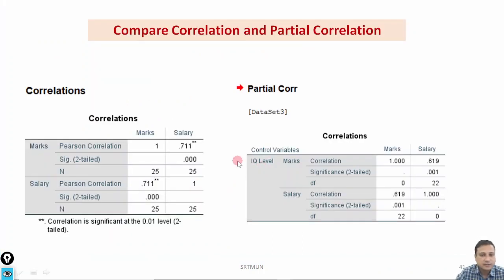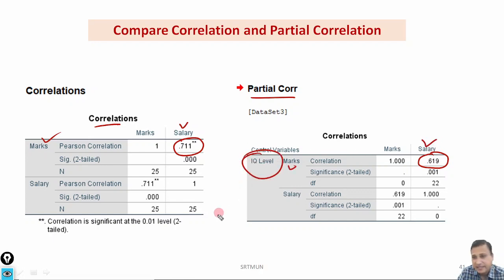Now if I compare both the values, in a simple bivariate correlation the value is 0.711 between salary and marks. Here in the partial correlation, the value is 0.611 between salary and marks, controlling IQ level. So here is a big difference in actual.